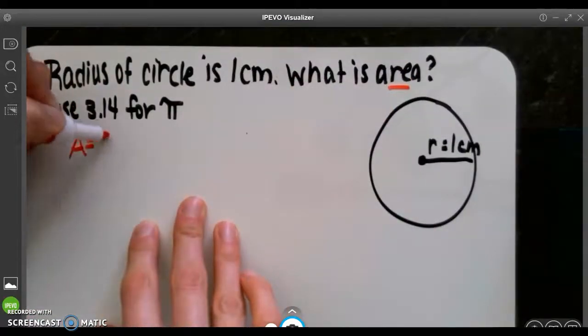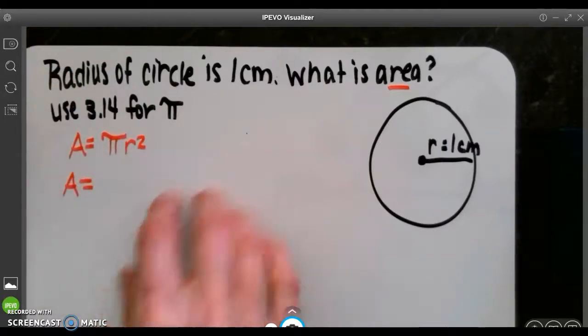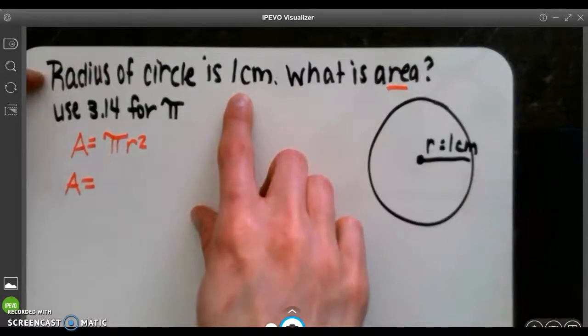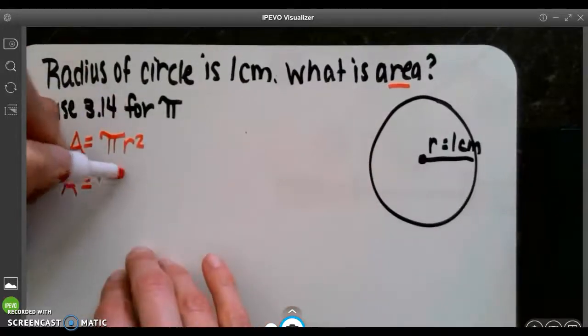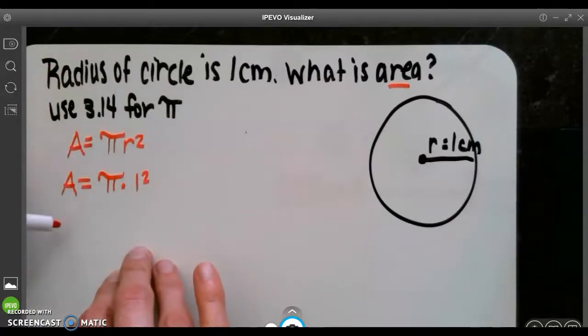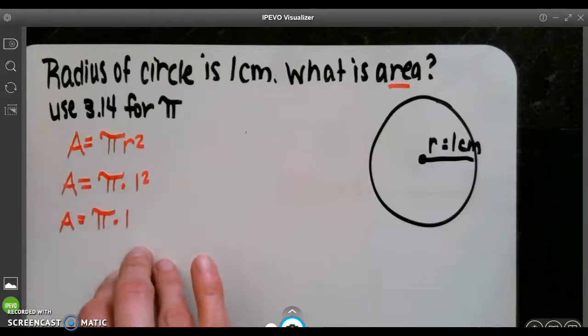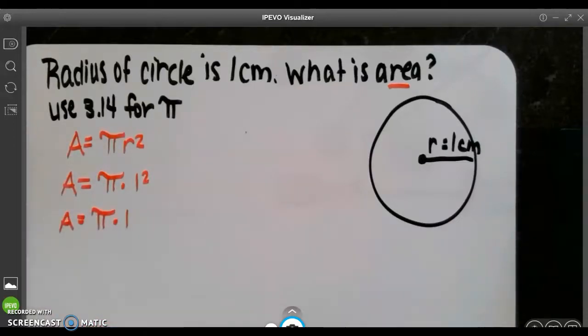Area equals pi r squared. So I'm going to plug in that 1 centimeter as my radius. So pi times 1 squared. So really I have pi times 1 because 1 squared, 1 times 1 is 1.